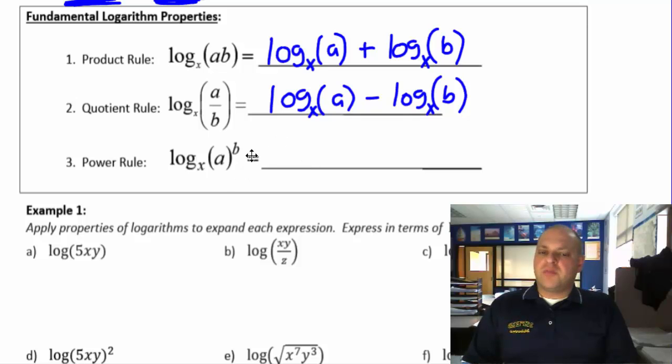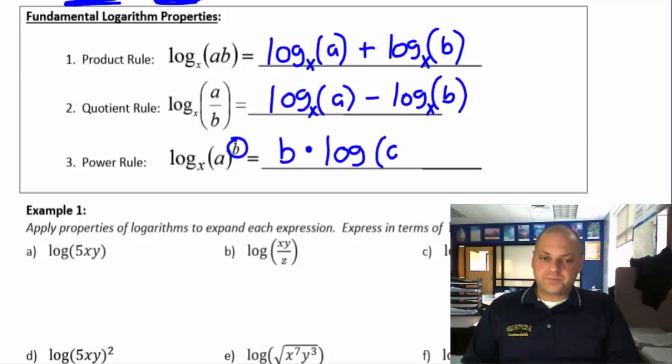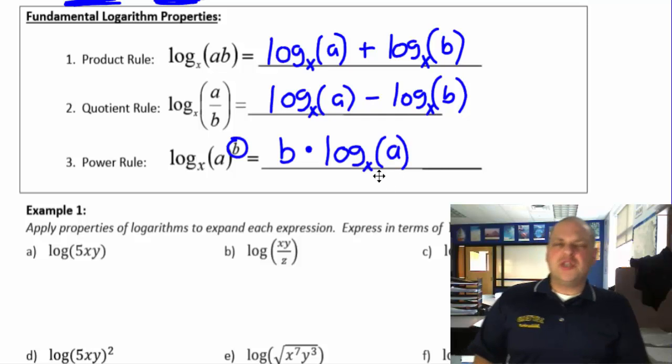You don't take the log of both because it's the exponent of the a. So what you do with the b here is it goes in front of the log, and you say b, but you are still multiplying times log of a. And again, because it was the base of x, we just carry over the base of x. It doesn't really do anything.